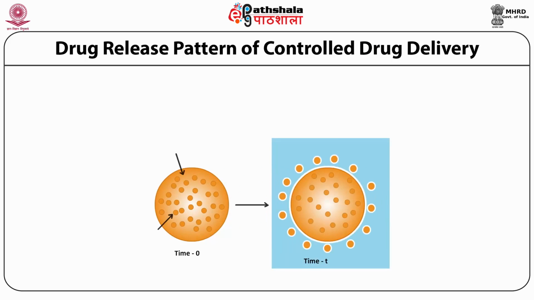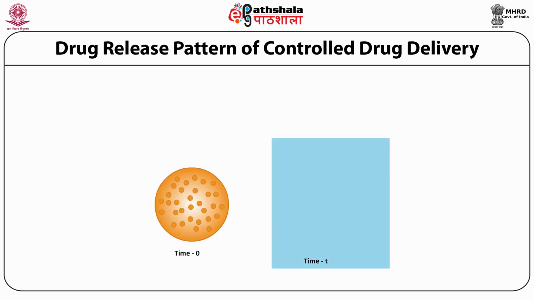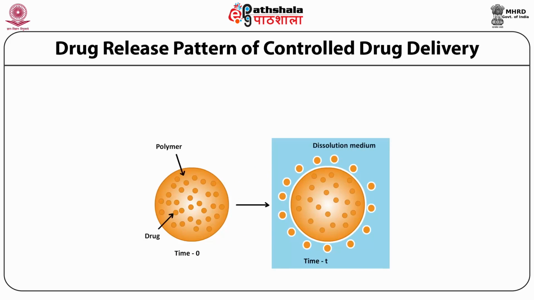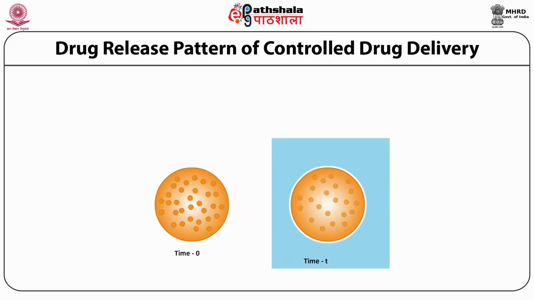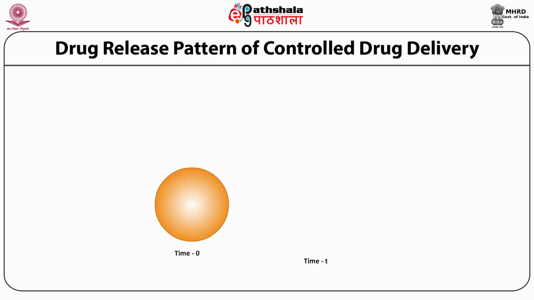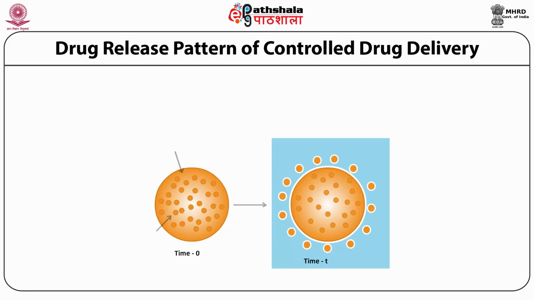It is absolutely understandable that the final behavior and success of a controlled drug delivery system will primarily depend upon the drug release pattern which it exhibits. On first exposure to an aqueous fluid, the controlled drug delivery system, which primarily consists of hydrophilic matrices, will take up water and the polymer starts hydrating to form a gel layer.